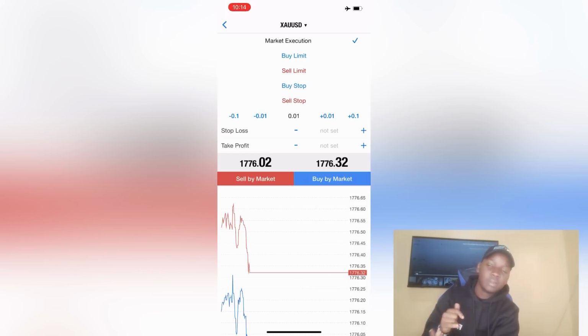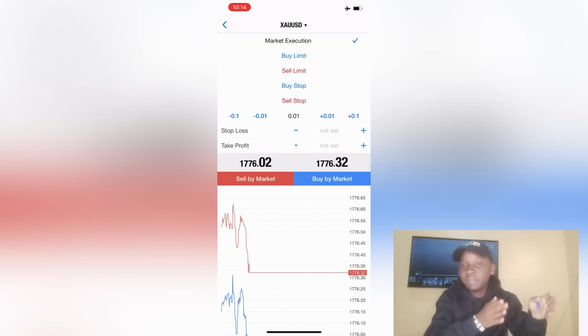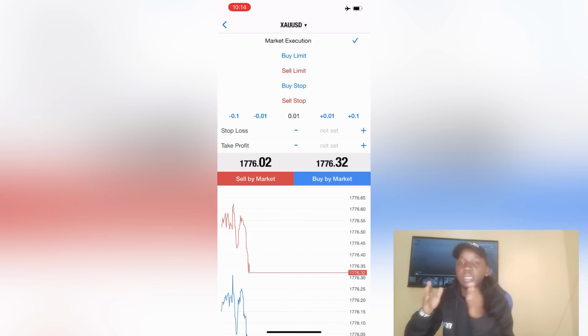If I'm using market execution, it means if I place a trade, it will start running immediately at the current market price. I'm saying if I use market execution to place a trade, whether a buy or a sell, the trade will start running immediately at the current market price.